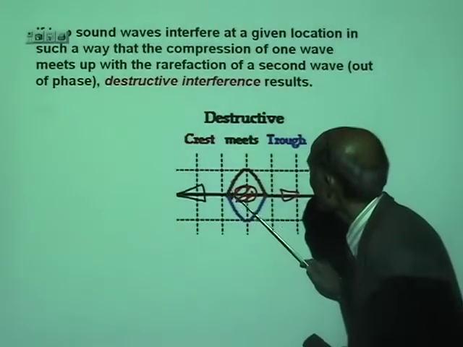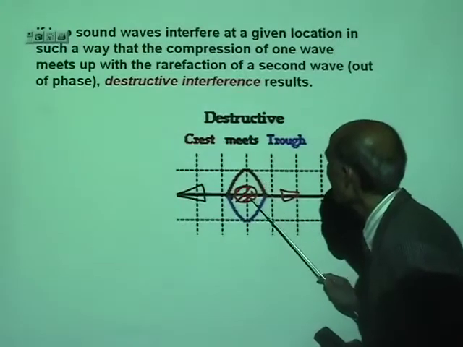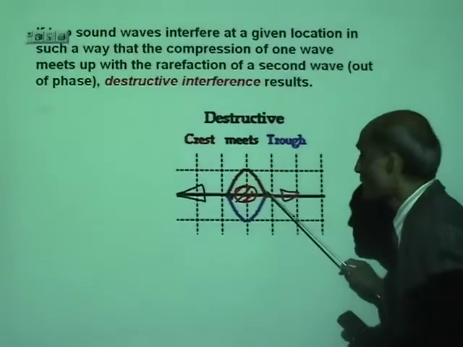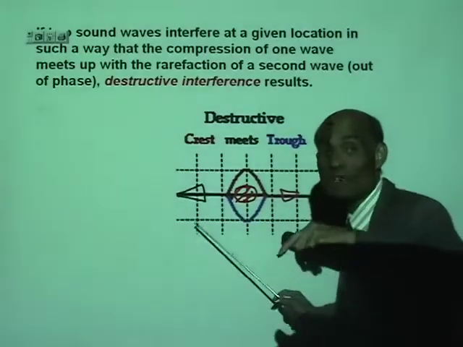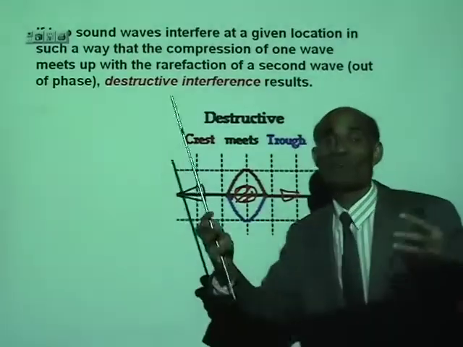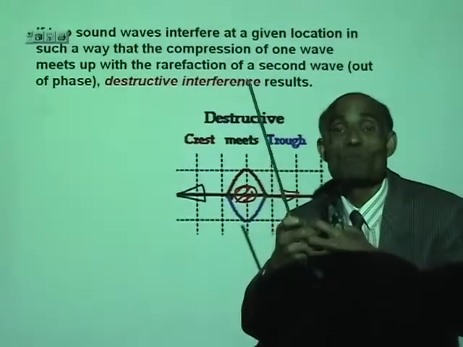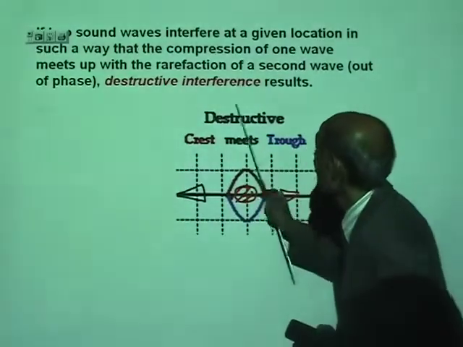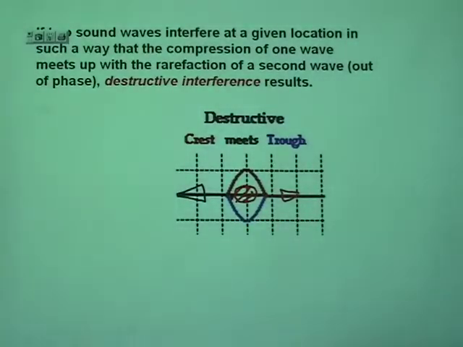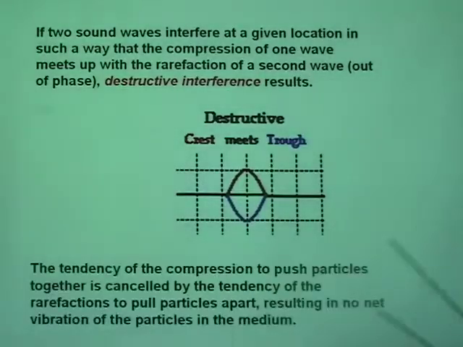Wave 1, the compression of one wave makes this particle move to the right. The rarefaction of the second wave makes the same particle move to the left. What will happen? The particle will not move. They cancel each other. In other words, such an interference is called a destructive interference.